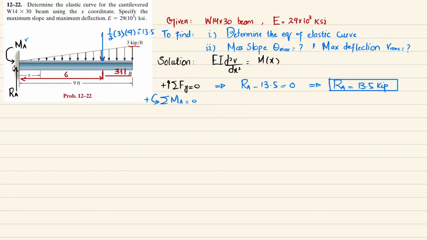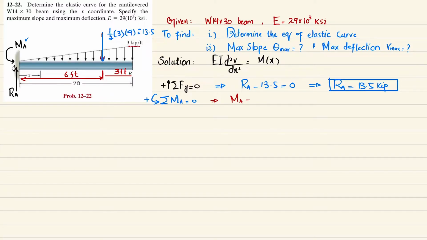Now we will apply the equilibrium condition, the sum of all moments about point A. Since this force is passing through point A, it is not producing any moment. At point A we have a reaction moment, which is MA, so I will write plus MA, and the other moment is due to this load, which is 13.5 into the perpendicular distance, 6, and that is clockwise, so it will be negative.